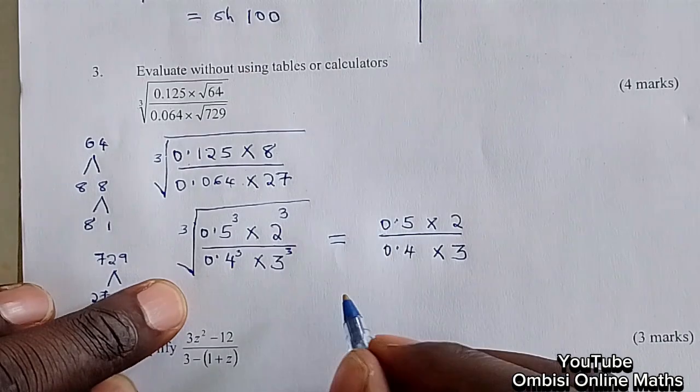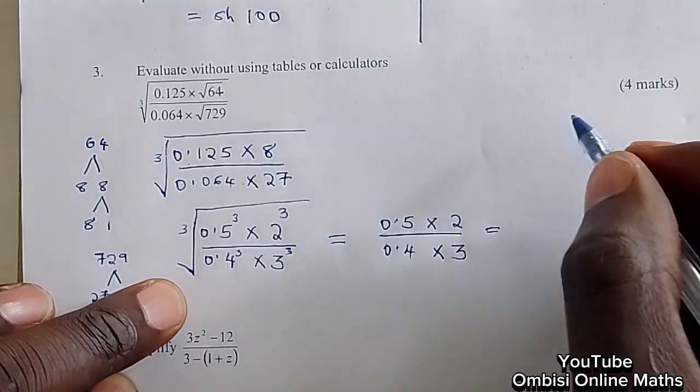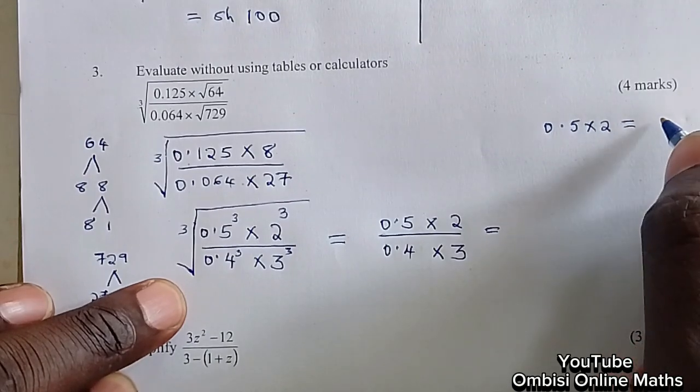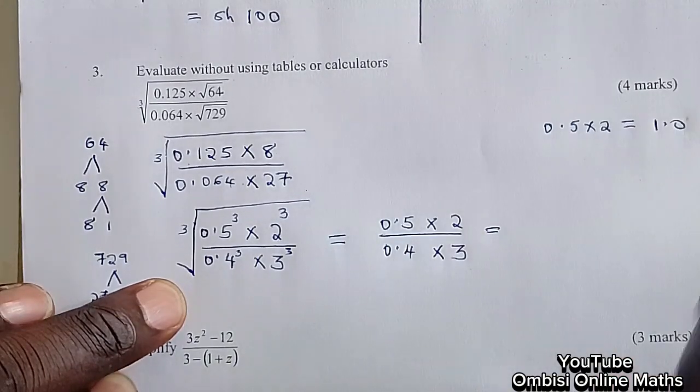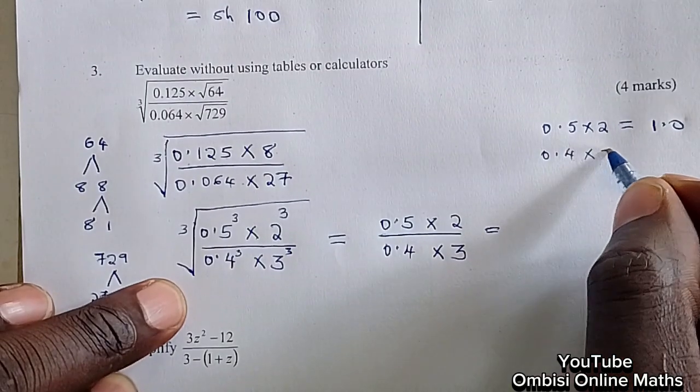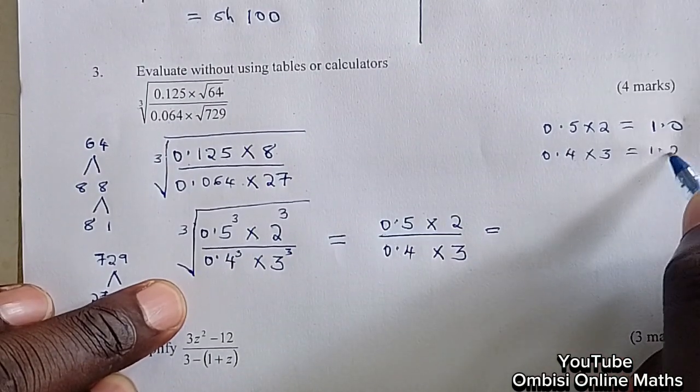So when we multiply 0.5 by 2, this is going to give us 1.0. And when you take 0.4 multiplied by 3, it's going to give us 1.2.